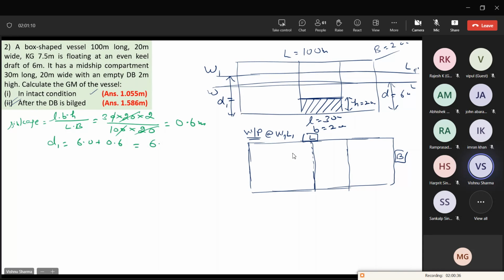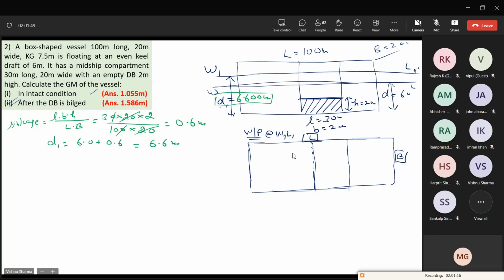Guys, anybody who does not agree that D1 will be 6.600 meters, you can get back to me. I'll be happy to answer. Everybody is good with it, guys? 0.6. Lost buoyancy in the numerator, L B H, intact water plane in the denominator, L into V, and gives us 0.6, so that D1 becomes 6.6. Everybody is good with it?